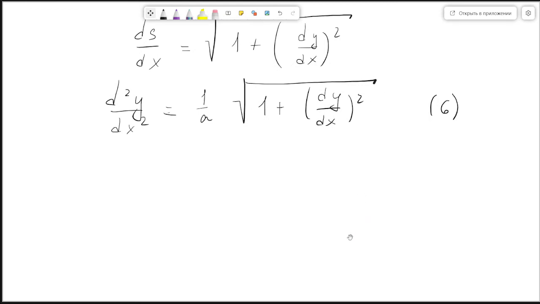It expresses the relationship between the first and second derivatives of the unknown function y.